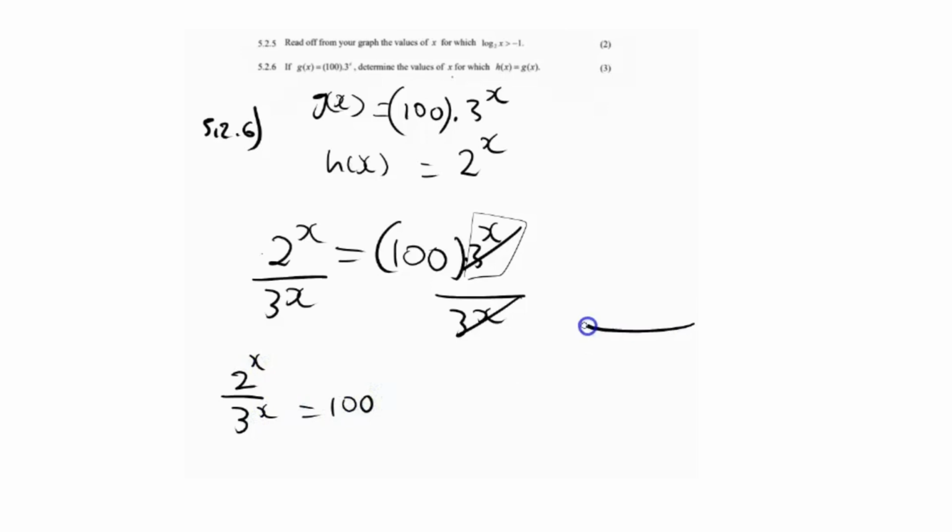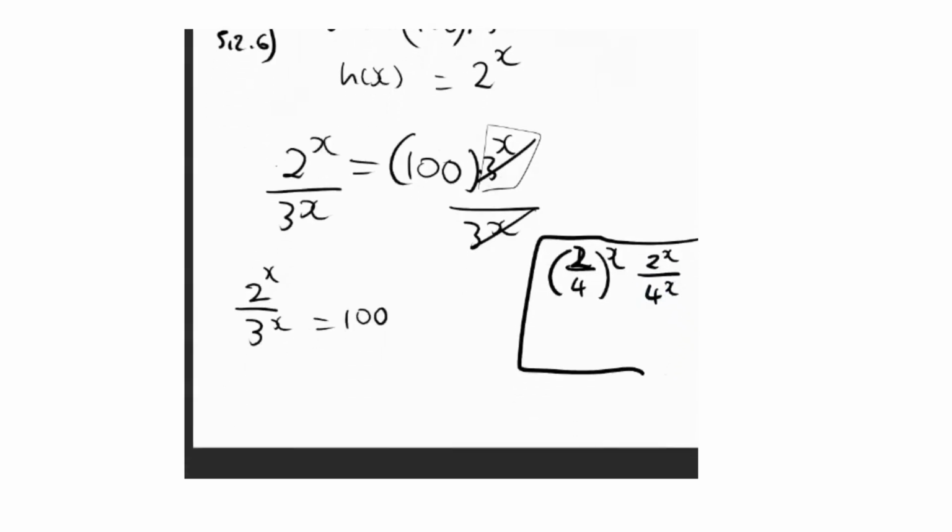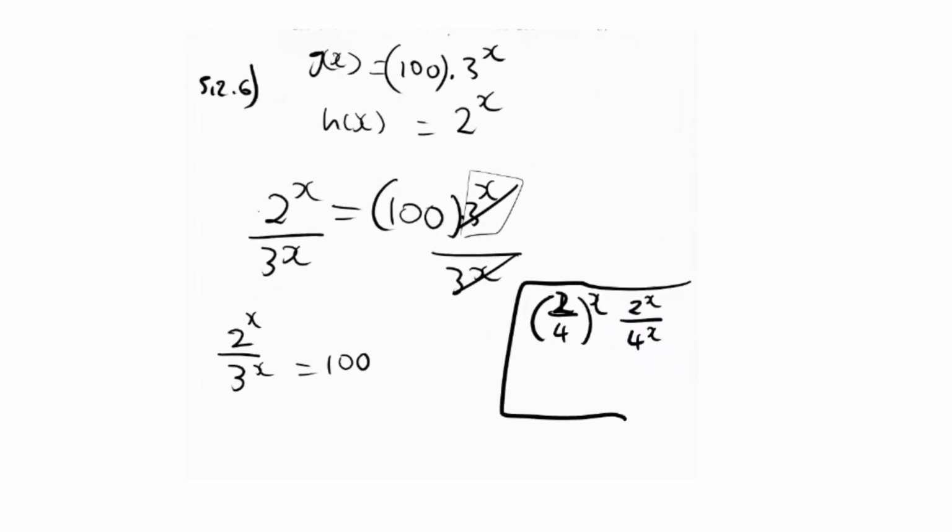You still remember that rule of algebra whereby if we say 1 over 4, for example, to the power x, it means that everything is equal to the power x. So it's more or less the same as this.